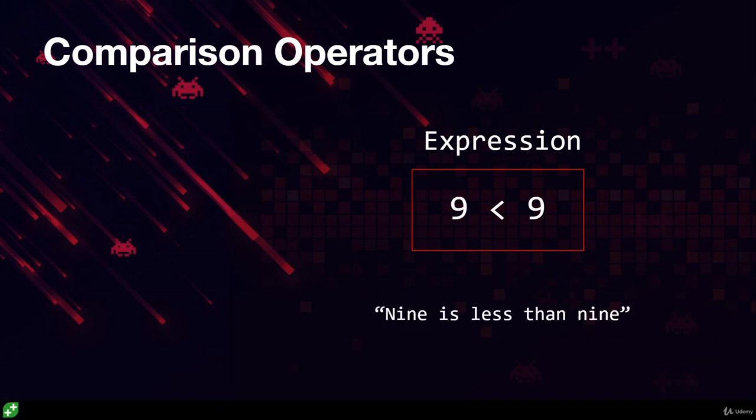Now, this expression returns a Boolean value. And if you squint at it hard enough, you'll say, wait a minute, 9 isn't less than 9, that's preposterous. So what Boolean value would this expression return? That's right, this expression returns false, because 9 is not less than 9.